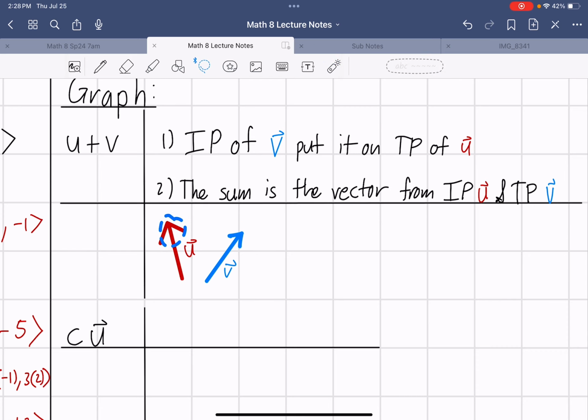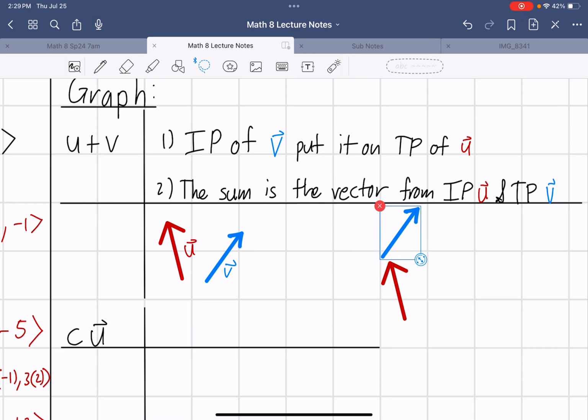I'm going to copy this vector, right? This is vector u, and I'm going to copy vector v. So, paste it. So here's a vector, and this is what I mean about put it. I'm taking the initial point, right, the back end, and I'm putting it on the terminal point. I actually needed to make more room, so let me move this down here.